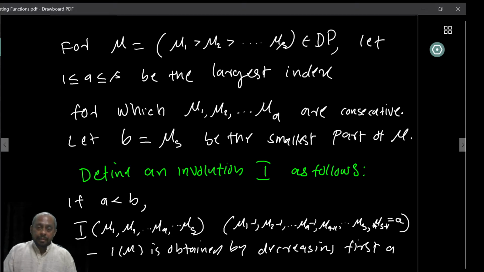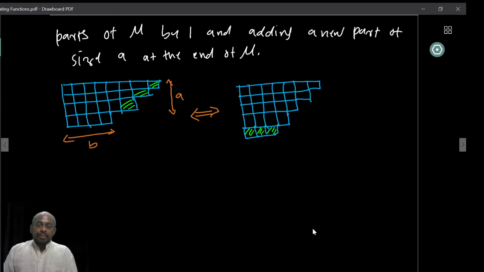So this is okay. Now I of mu is obtained by decreasing 1 from the first A parts and then adding a new part of size A at the end of mu.